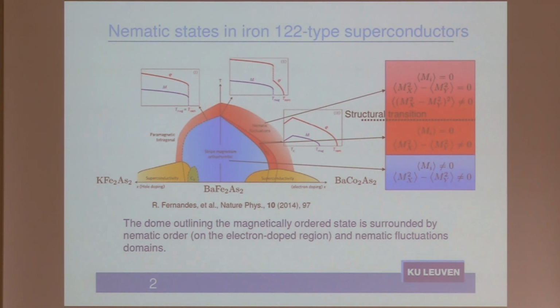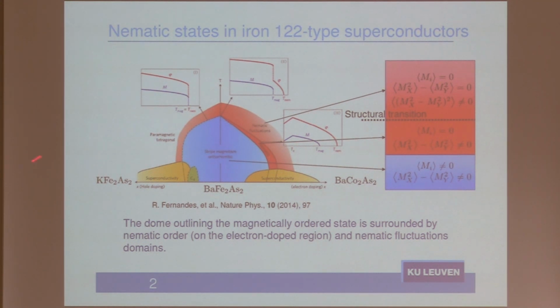So this becomes the hole doped regime. By contrast, if we replace iron with cobalt, we have electron doping. We know very well that there is the magnetic stripe dome with orthorhombicity, so there is breaking of the tetragonal symmetry. At some moment superconductivity appears.